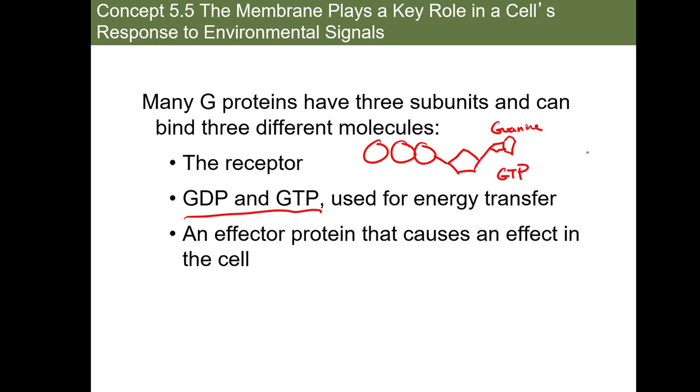If it loses one, and looks more like this, this is GDP. It just means guanosine triphosphate and guanosine diphosphate. So this just means tri, and this means di, meaning 2. An effector protein that causes an effect in the cell is also able to bind to it.